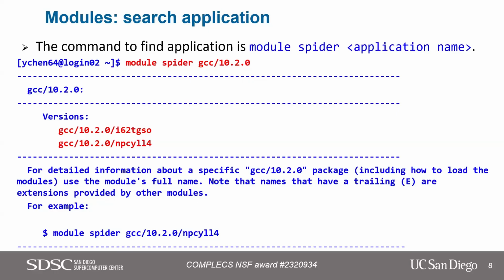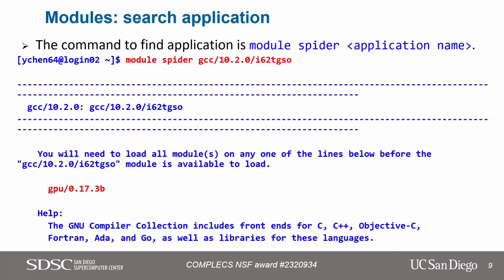This is because those two flavors are built on different software stacks. If we want more information about one of the flavors, we just add the full name of that module in the module spider command, and the output will show that this specific flavor is built on a software stack called GCC 0.17.3b.